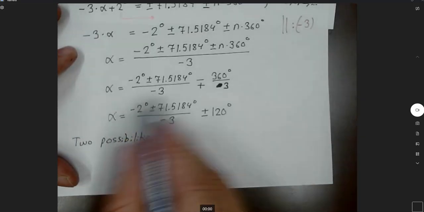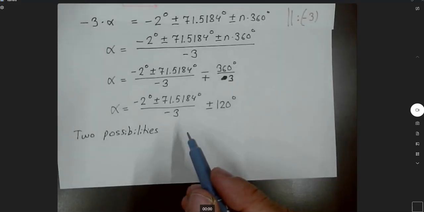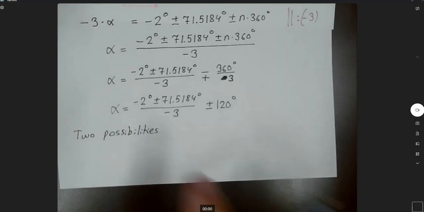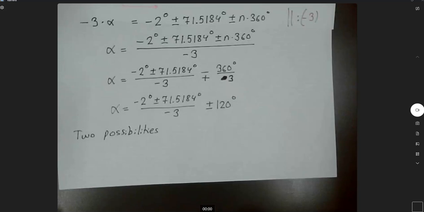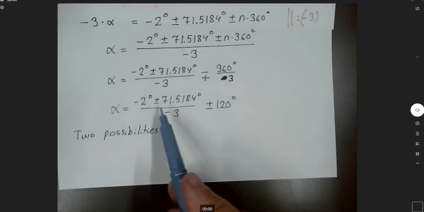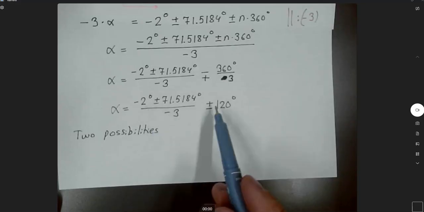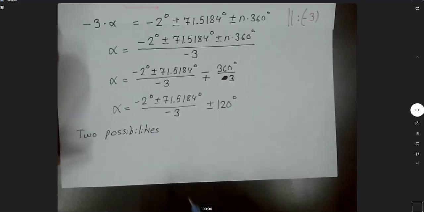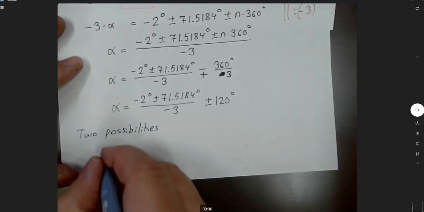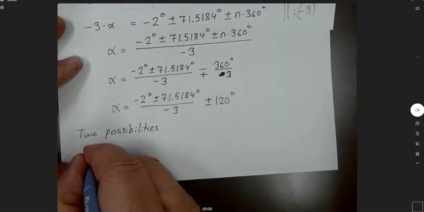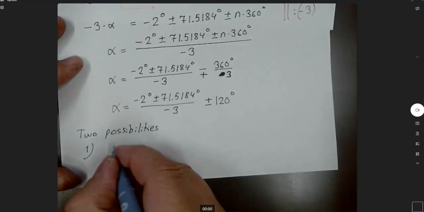Of course, you could leave this as a final result, but I don't like this kind of solution. It is so hard to understand or get some kind of approximation of the value of that angle, because there are those plus minus signs and minuses there, and again a plus minus sign. So I will take the first one, the plus sign there.